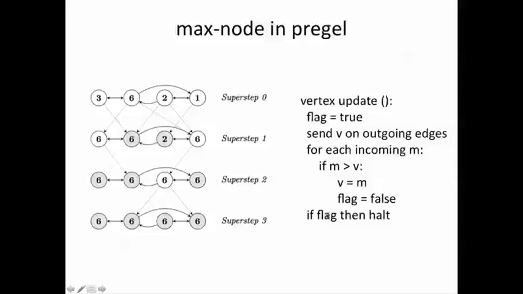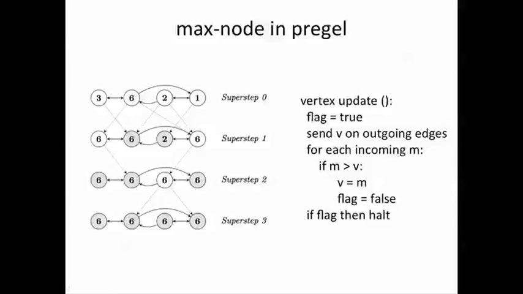Let's see what happens if this is executed for every node. In the first step, these are bidirectional edges, which I mentioned over here. So this means there's an edge from 3 to 6 as well as from 6 to 3. In the first step, 3 comes to 6. 6 doesn't do anything because it's already the maximum and it's never going to get a message greater than itself.